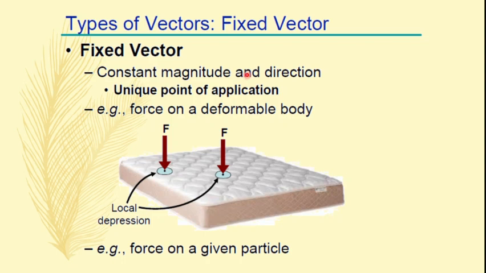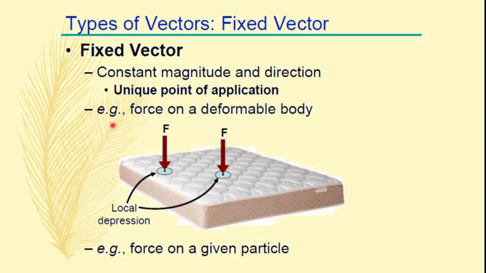In case of a fixed vector, that is why there is a unique point of application. Here these force vectors are fixed vectors because they have constant magnitude and direction, and they have a unique point of application.